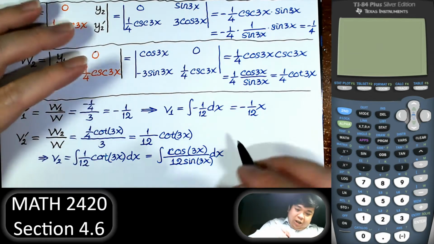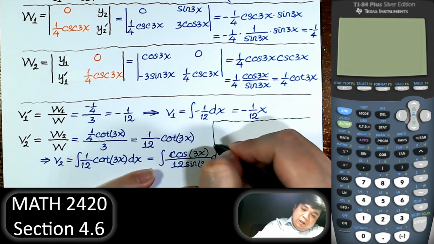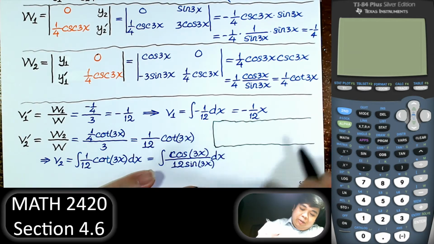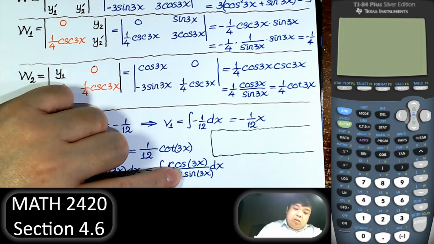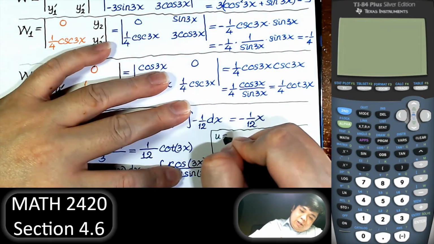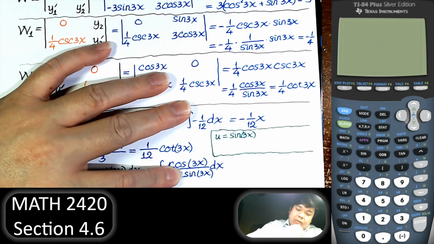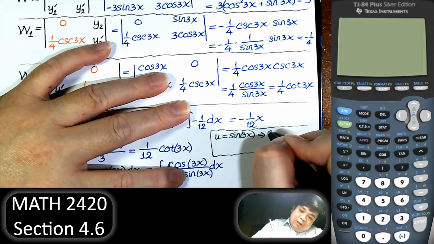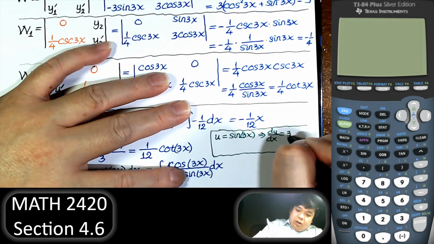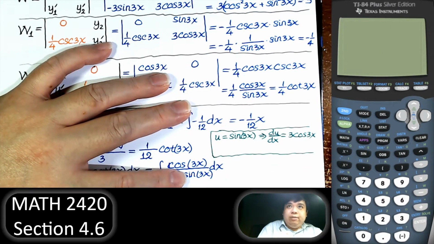Now I try to utilize this space here for the substitution. If I let u equal to the bottom, sine of 3x, then derivative is 3 cosine 3x, right?